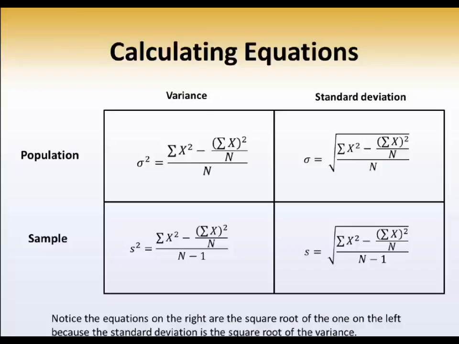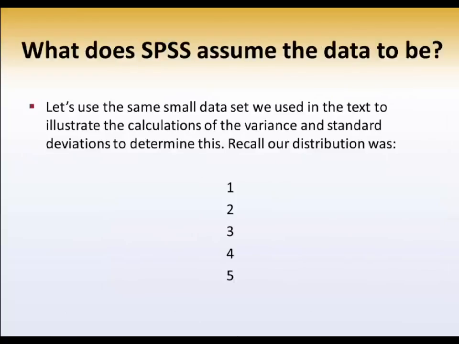So the question becomes, what does SPSS assume the data to be, population data or sample data? Well, let's have SPSS calculate the variance and standard deviation of the distribution that we presented in the book to show you how this works, and see what we get. Remember that our little distribution in the book was the values 1, 2, 3, 4, and 5.